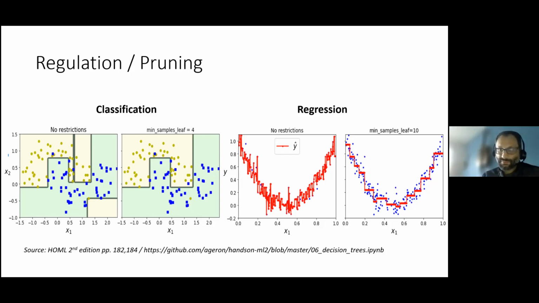I want to add one thing to this. So what they're showing on that left side with no restrictions, you can think of an even more extreme case than that. Imagine a decision tree that has an infinite number of splits. And it just says, okay, everything to the right of -0.5, everything to the left of -0.45.